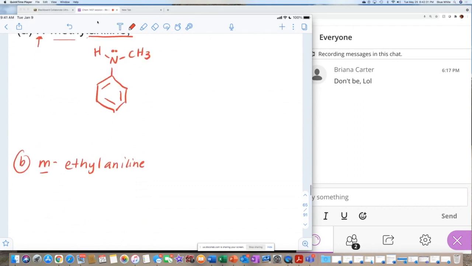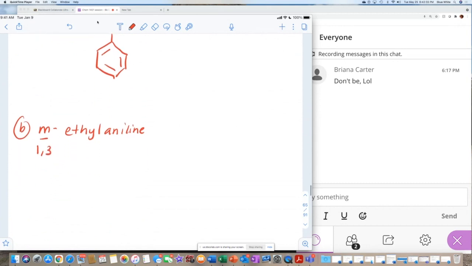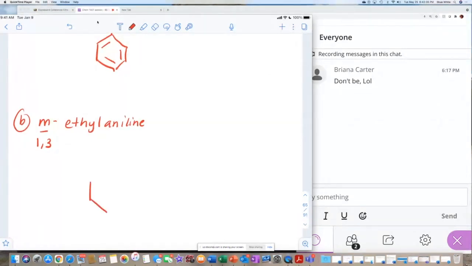That was the meta position, 1 and 3. So what I'm going to do here is draw my aniline again, benzene ring with my nitrogen on top and 2 hydrogens. That takes care of this part. They're saying this is M, so it's meta. This is carbon 1 here. So on carbon 3, I have an ethyl group, CH2, CH3.